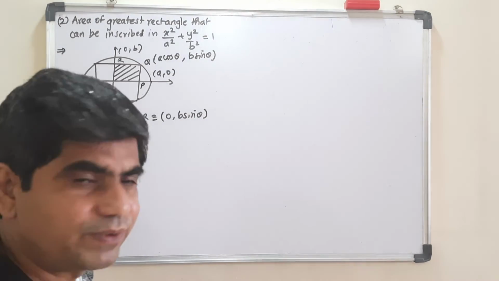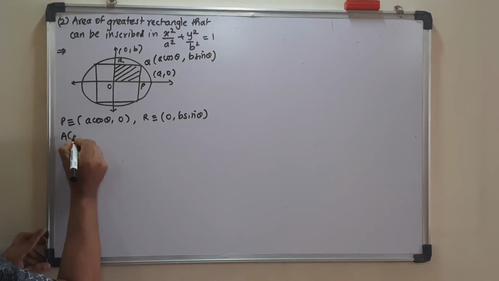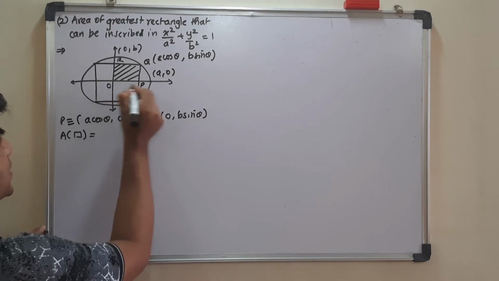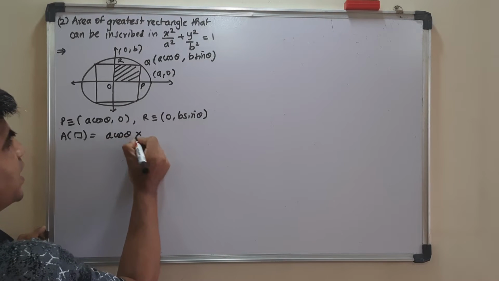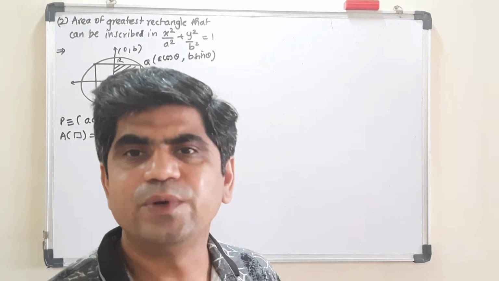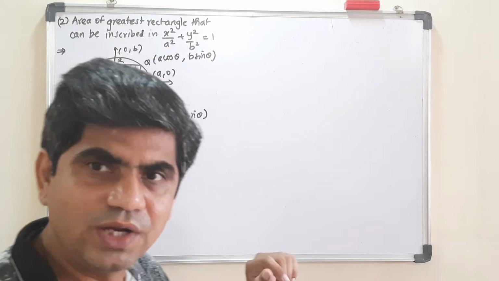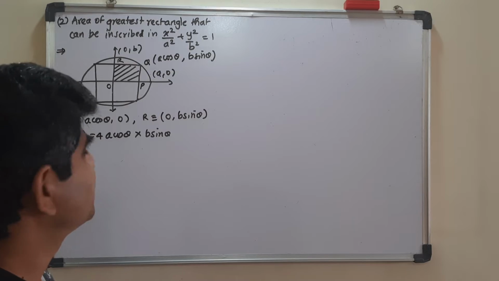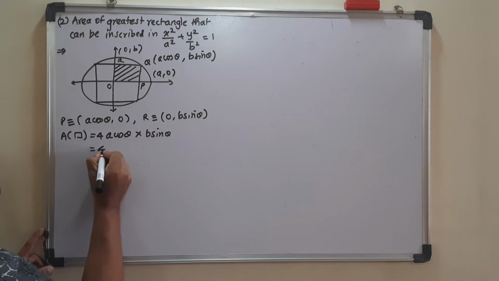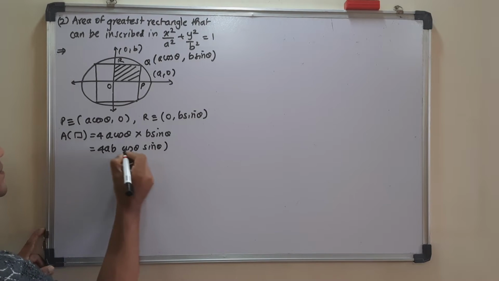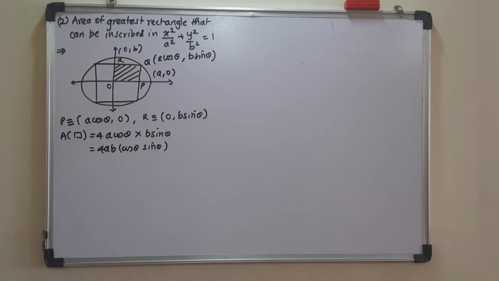So obviously the area of the rectangle that we require is length into breadth, that is a cos theta into b sin theta. And the area of the rectangle that we are discussing is 4 times it, because this is only one part of it. So it is 4 times a cos theta into b sin theta, which becomes 4ab cos theta into sin theta.